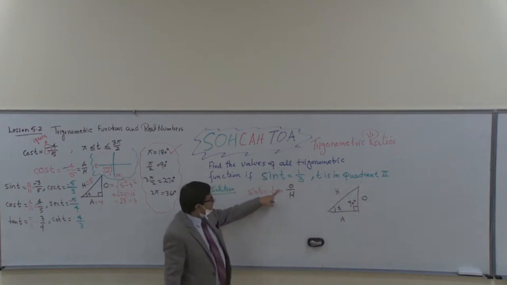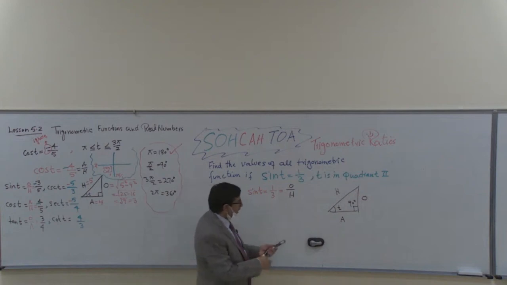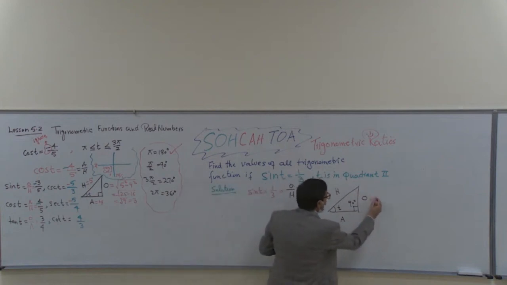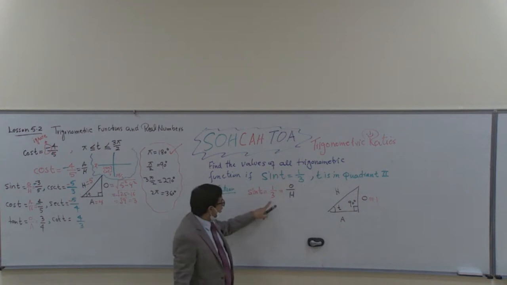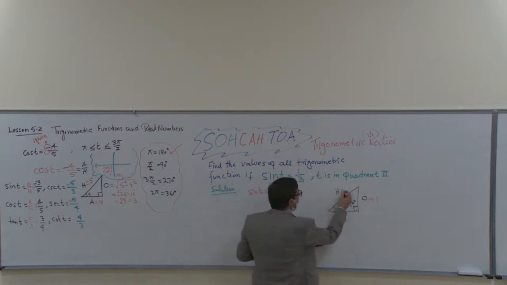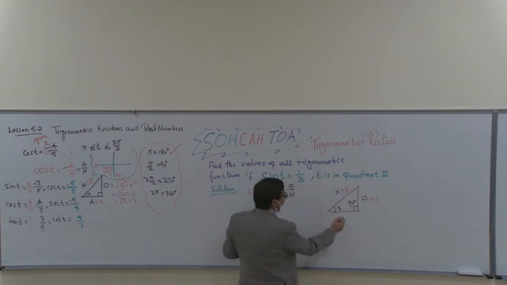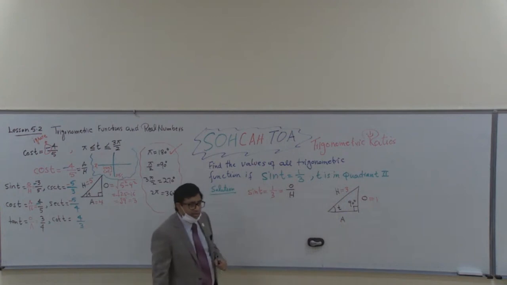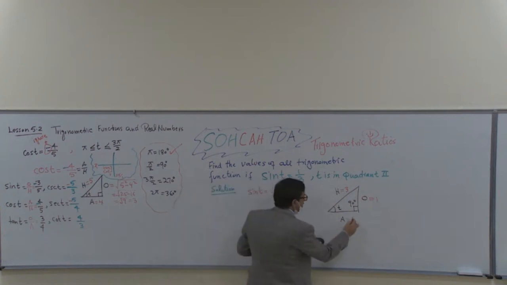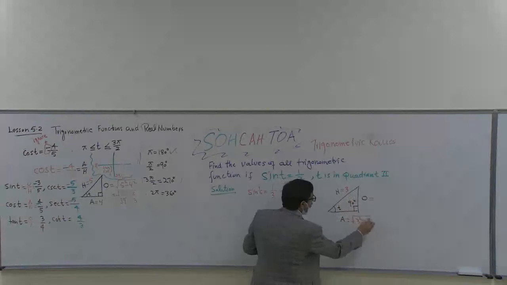From this you can take the value of O. O is equal to 1, so we are given this one. H is equal to 3, so this one is 3. We have to find the value of A, which is always the square root of 3 squared minus 1 squared.